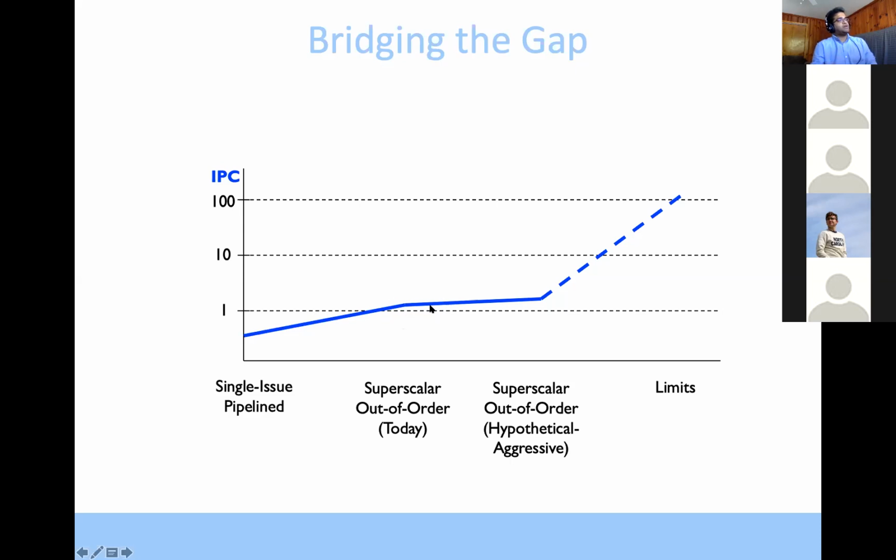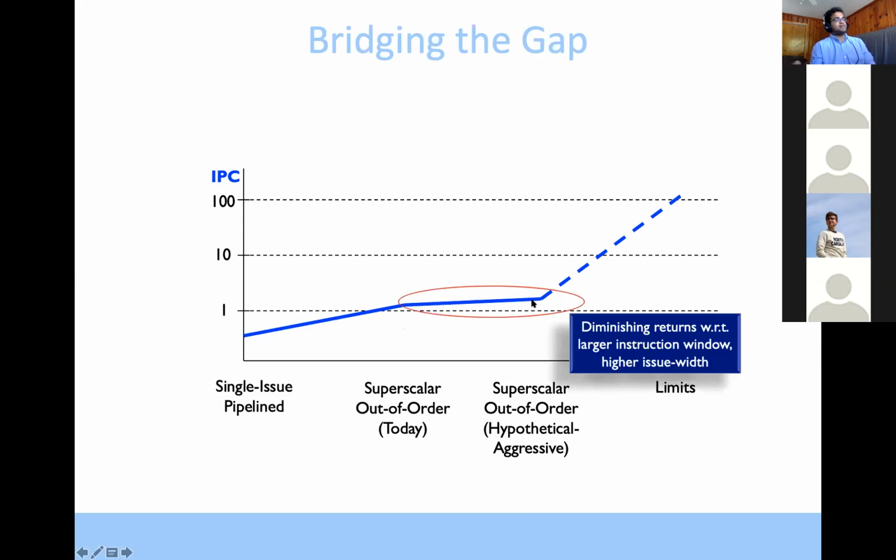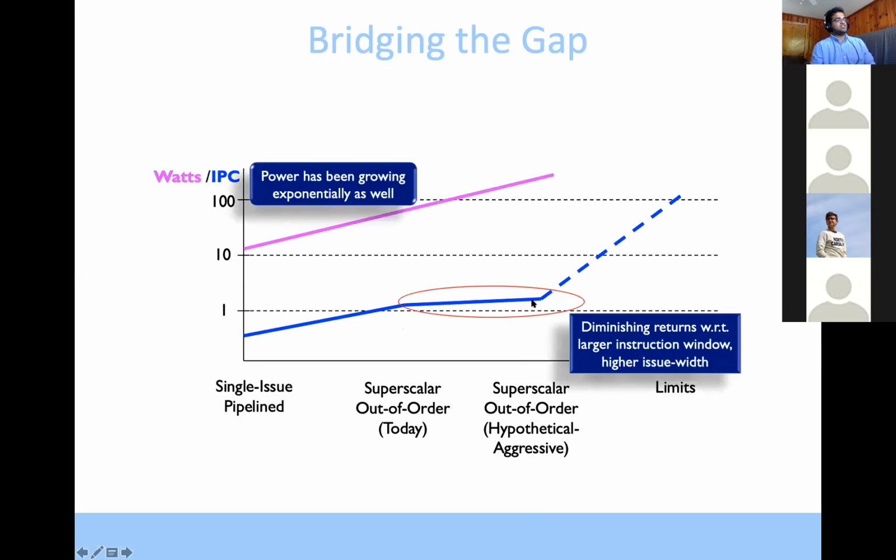Then if you went to a really hypothetical, aggressive superscalar out of order machine that we could build in the future, the performance you can get from that tapers off. The reason is that the power has been growing exponentially.